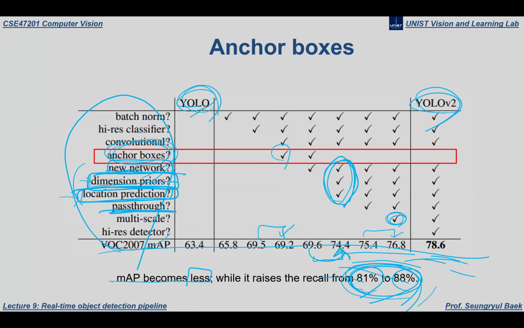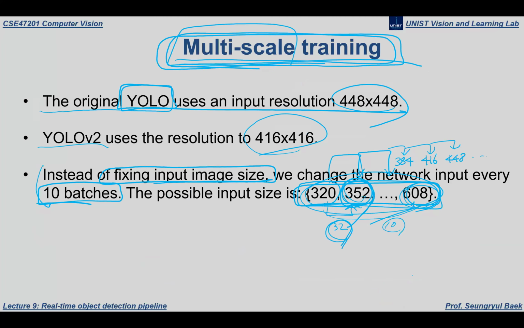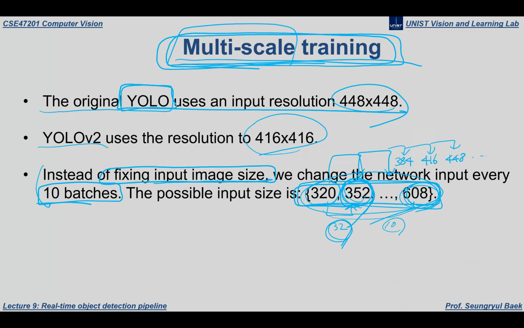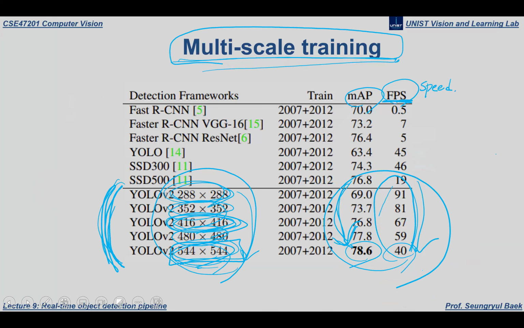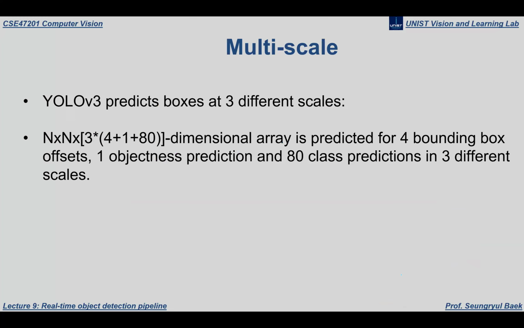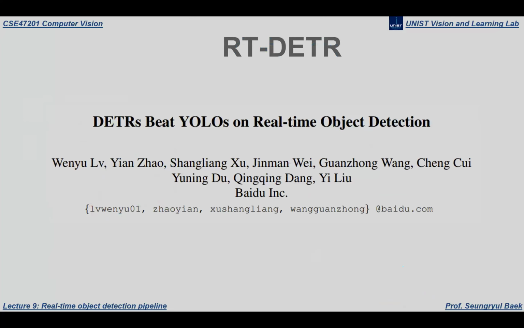Using the anchor box scheme, YOLO version 2 can solve that problem by increasing the number of bounding boxes. Maybe for some of you this might not be very interesting because these are heuristics. Later, we will also see YOLO version 3, and also learn about real-time DETR.